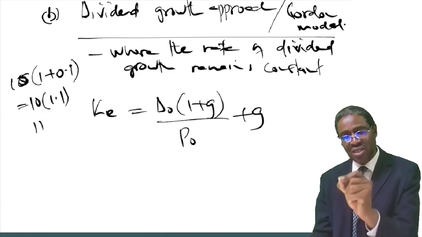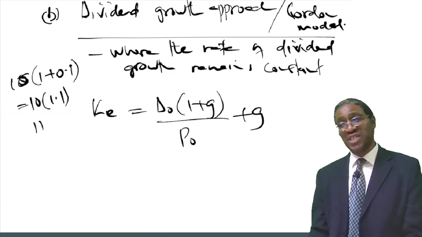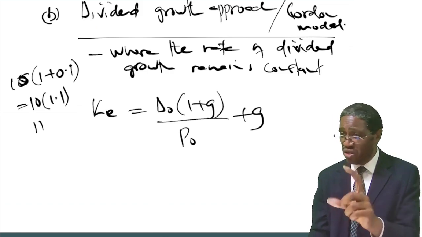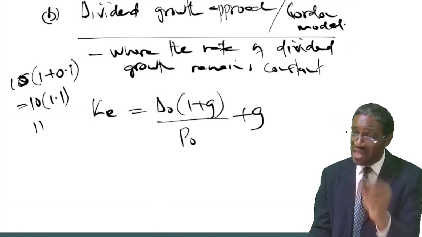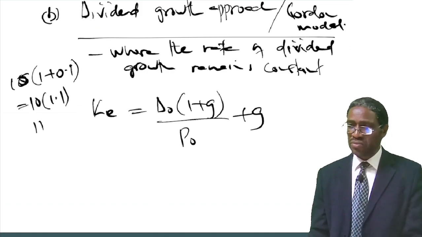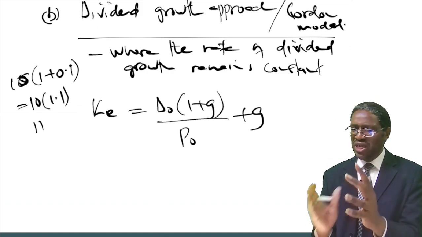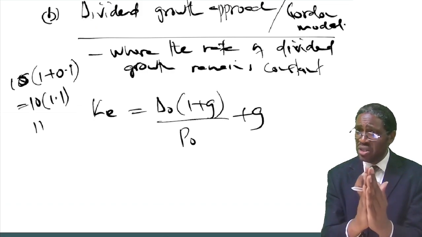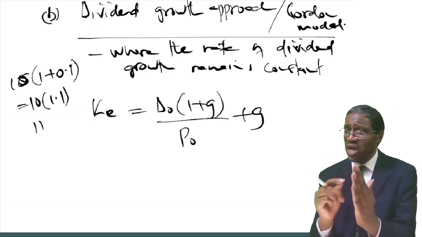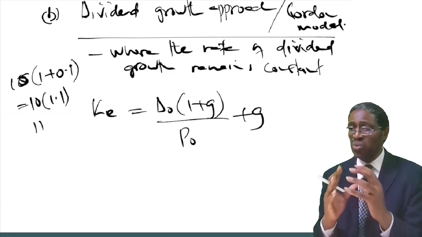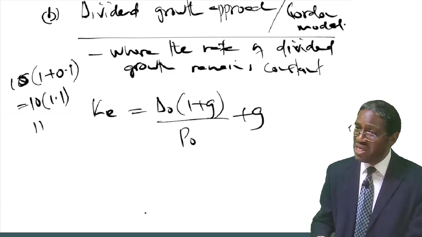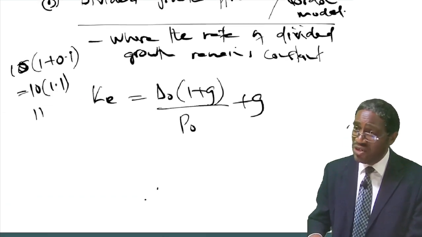I have said D0 represents the last dividend that was paid. Meaning, when you take the last dividend of 10 shillings and multiply it by 1 plus G, you get what we expect to be the dividend at the end of the year.